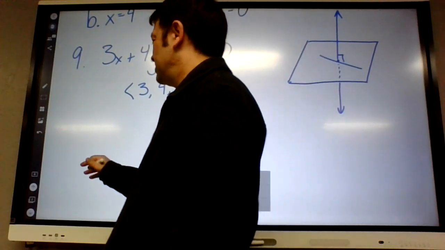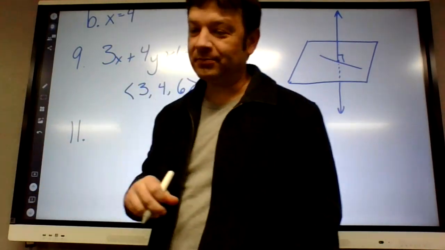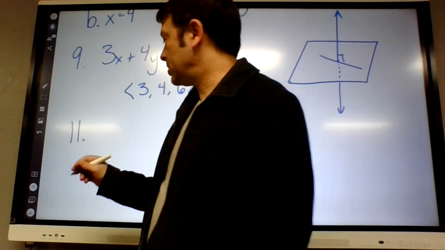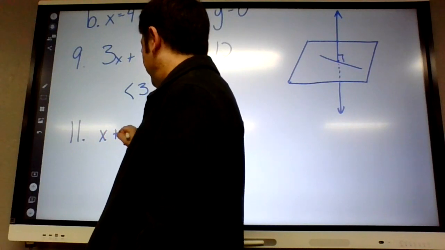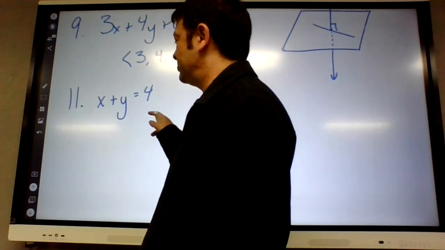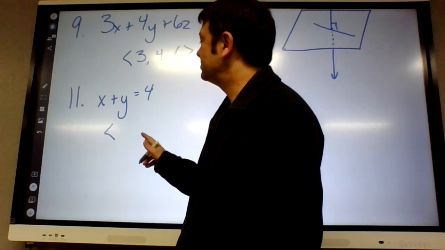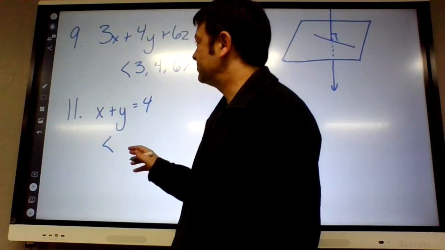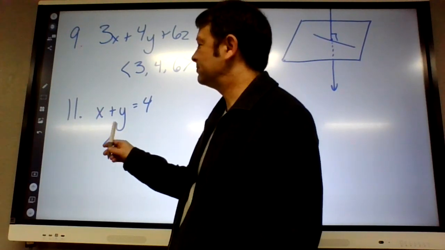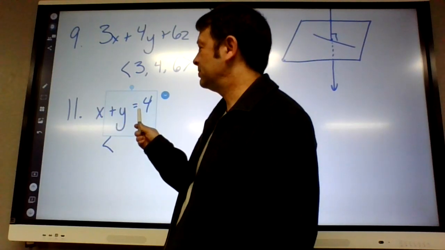Yeah, so it's easy peasy. Today might be a little bit easy. Okay, 11 only says x plus y equals 4 though, so what do you guys think? Vector 1, 1, negative 4? Nope.